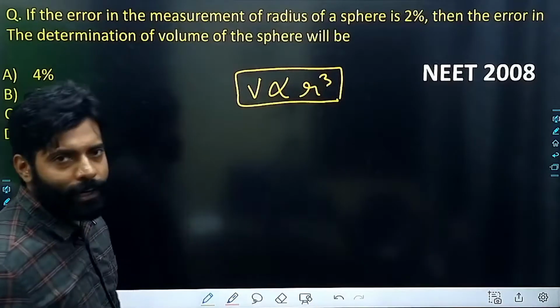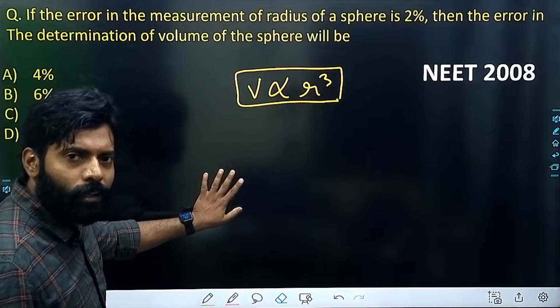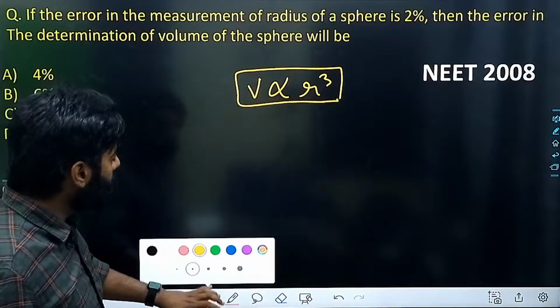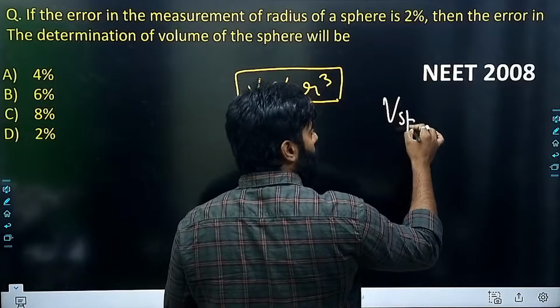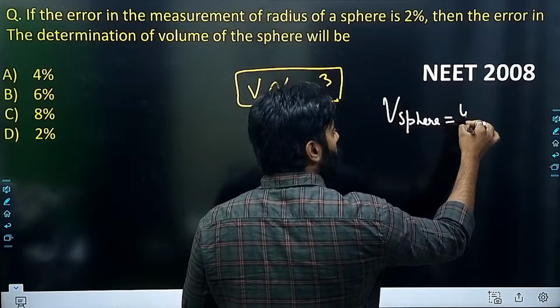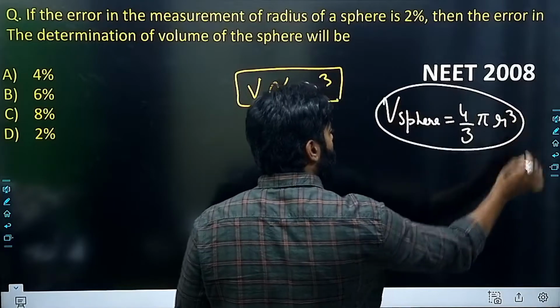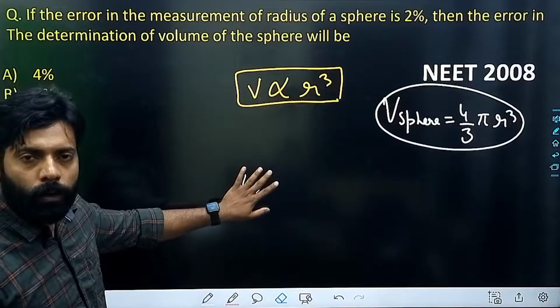This is what we already know, right? We do not bother about what other constants are coming in the formula, but you must know the formula of the volume of a sphere, right? Many of you might be knowing. So the volume formula is 4 by 3 pi r cube.